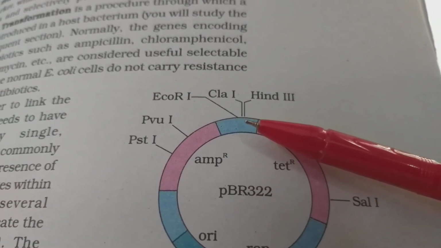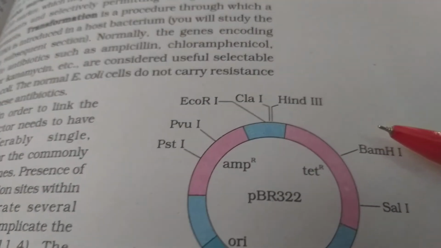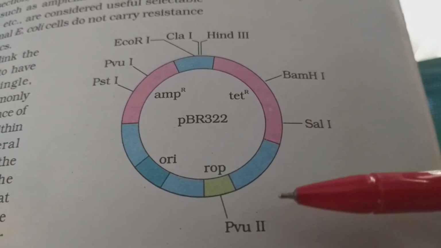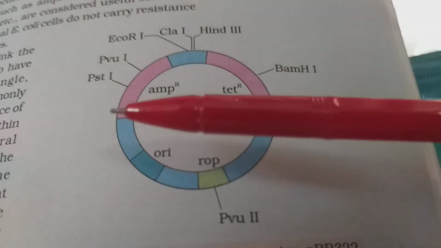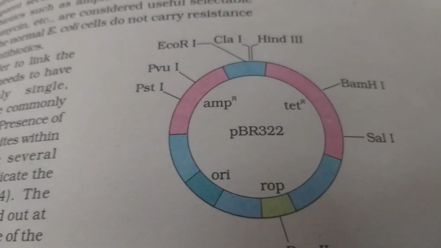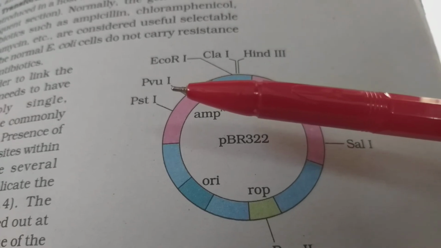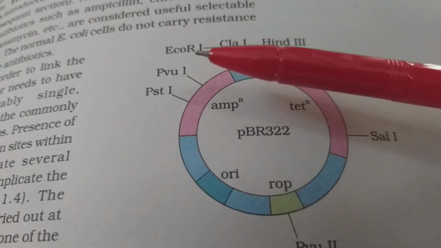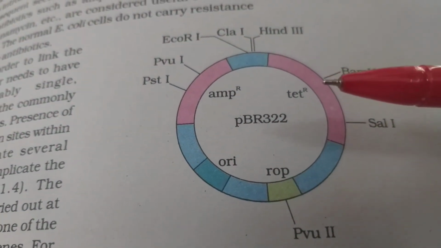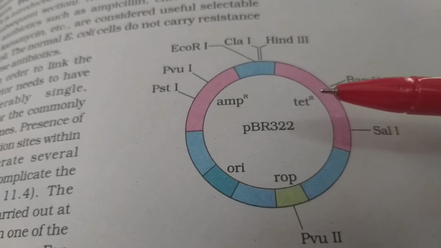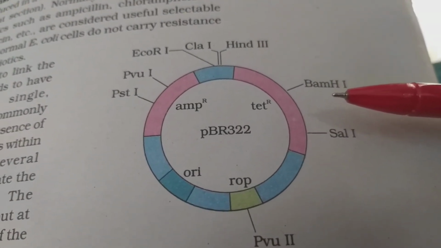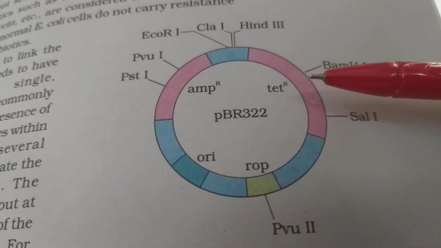EcoRI, ClaI, HindIII, BamHI, SalI, PvuII, PstI, PvuI. These are the restriction sites, and these are the names of restriction enzymes. That means this is the restriction site where the restriction enzyme BamHI will cut the DNA.